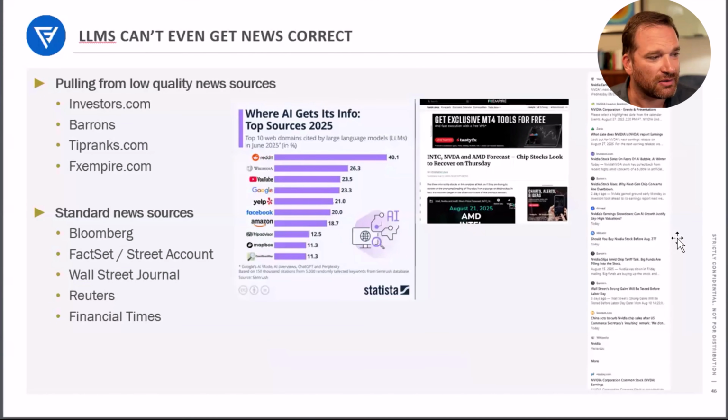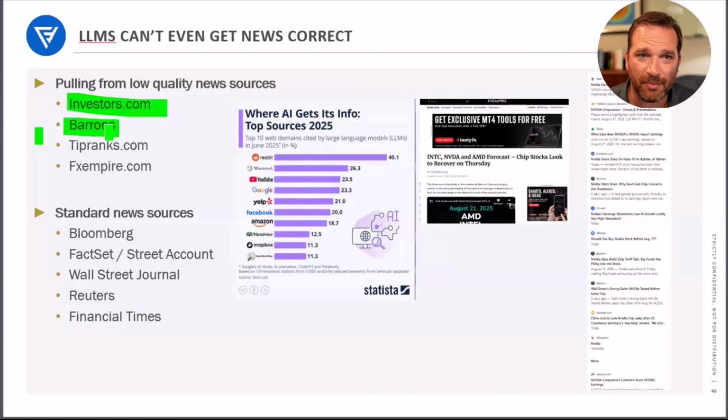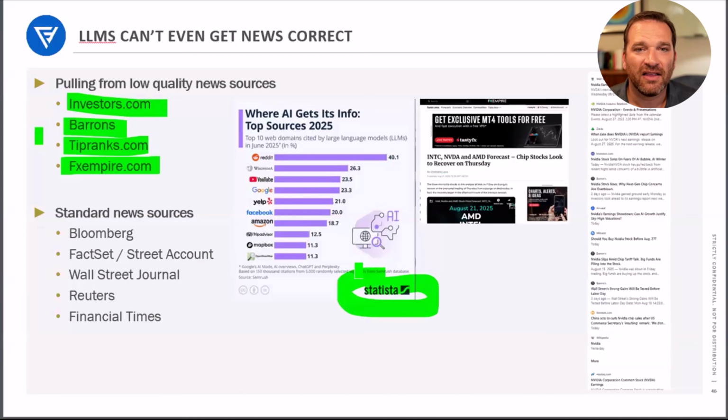As you dig deeper into that NVIDIA case, what you see is that the news the report is pulling from is things like investors.com and Barron's and TipRanks and FX Empire. There was a chart from Statista showing that a lot of the information is coming from Reddit and Wikipedia and Yelp and other areas.